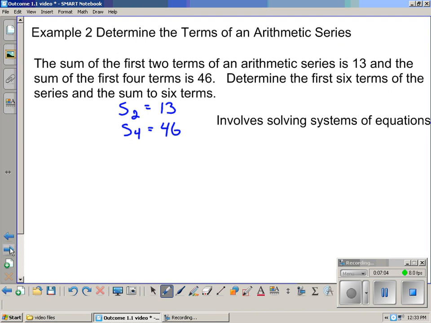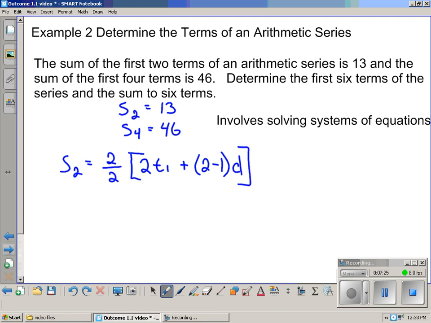So let's write a formula for the sum of the first 2 terms. The sum of the first 2 terms is equal to n over 2, so 2 over 2, times 2 times t1, I don't know what t1 is, plus n minus 1, so 2 minus 1, times d. And again, I don't know what that common difference is.